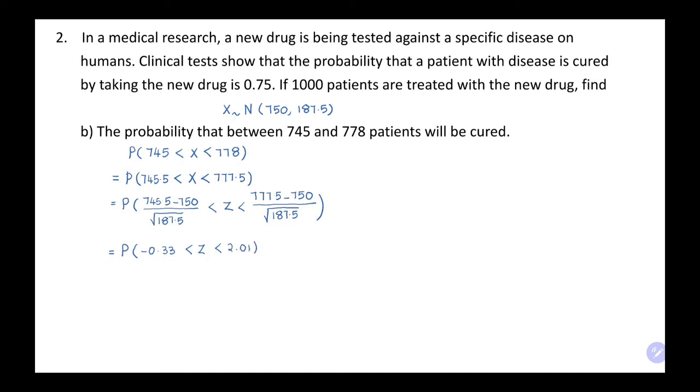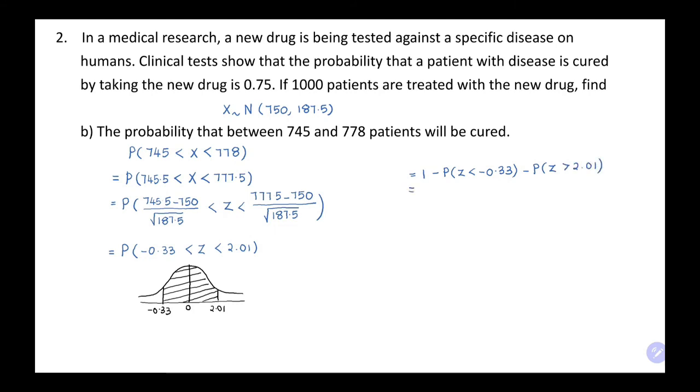Then we sketch the normal curve to check the area. So our area is here, between negative 0.33 and 2.01. To find this area, we take the total area 1 minus the 2 tails. 1 minus P(Z less than negative 0.33), minus P(Z greater than 2.01).